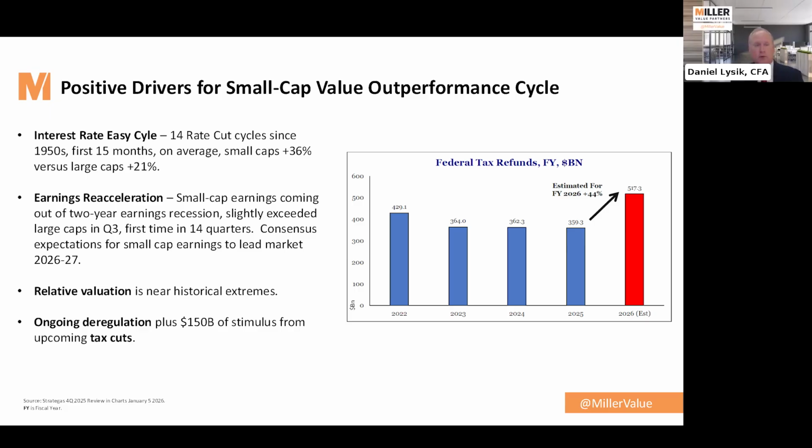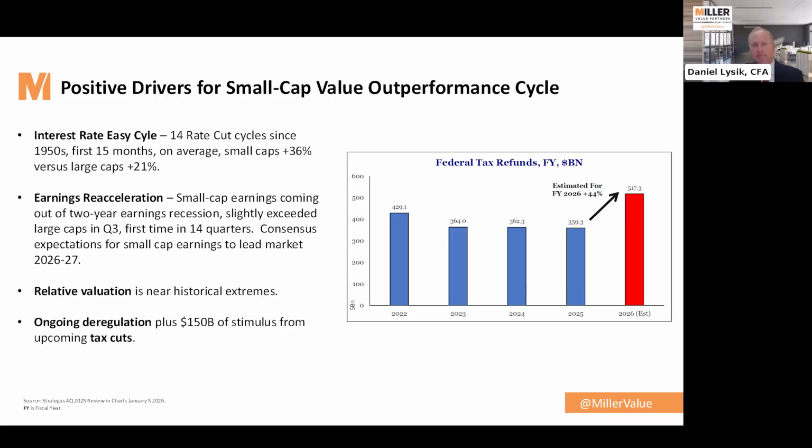And relative valuations, as we walked through in the prior slide, are near historical extremes and remain very wide, favoring small caps. And then finally, deregulation, which continues across multiple industries, and also the $150 billion of stimulus from the upcoming tax cuts, we think provides tailwinds for small cap profitability and earnings growth.